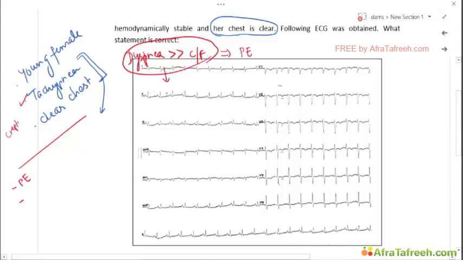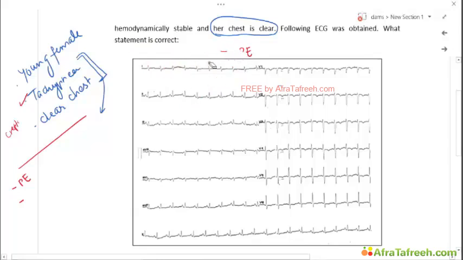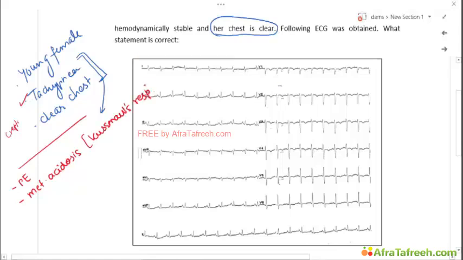Also, if you add a normal chest X-ray, again pulmonary embolism becomes quite likely. So, tachypnea with a clear chest: pulmonary embolism. Second is metabolic acidosis, which can cause Kussmaul's breathing, but the chest would be clear.